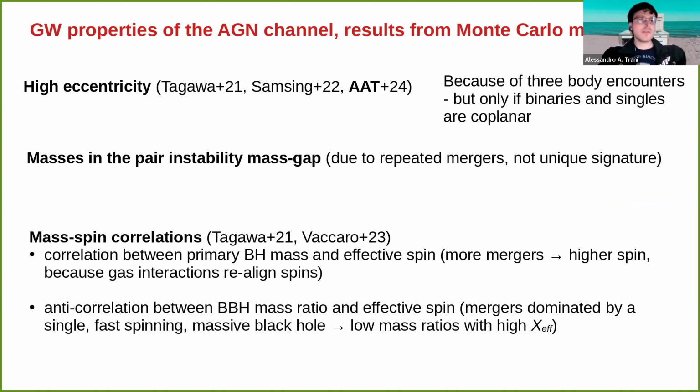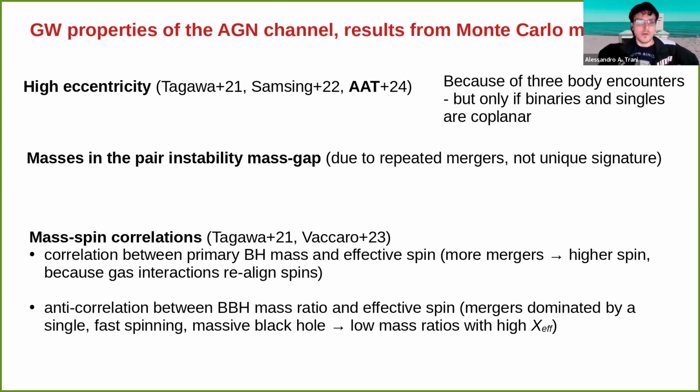So we have already some idea of what are the properties of sources coming from the AGN channel from what are called Monte Carlo models. Here they basically use a parameterized approach to describe the physics, while I would like to do some more detailed model that includes post-Newtonian evolution of the sources.